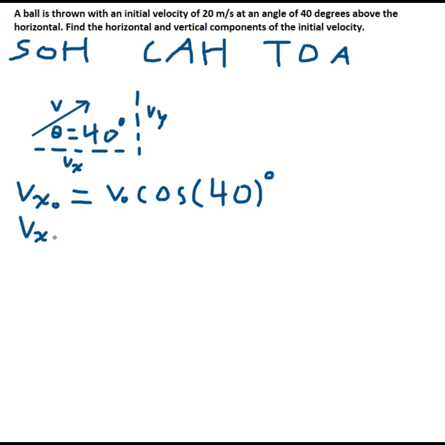So this leaves us with 20 times the cosine of 40, which is equal to about 15.3 meters a second.